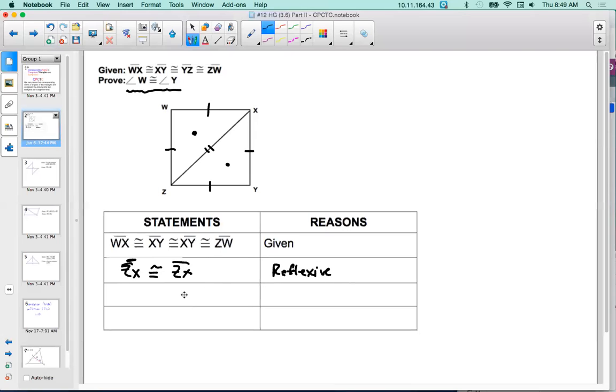So what we have here is one pair of sides, which is these 2, another pair of sides, these 2, and a third pair of sides, the shared side. We can say these 2 triangles are congruent by side, side, side.